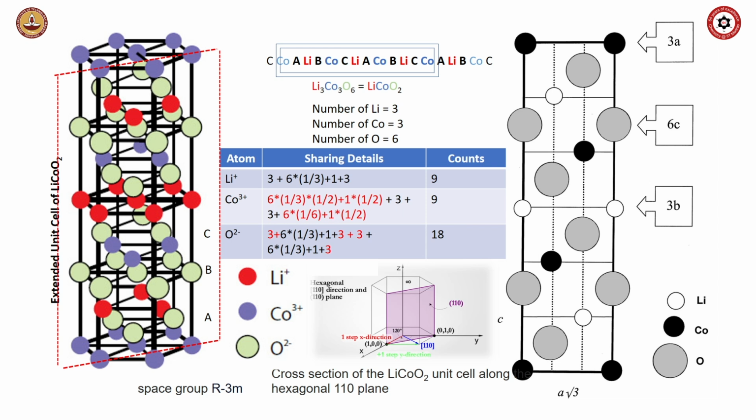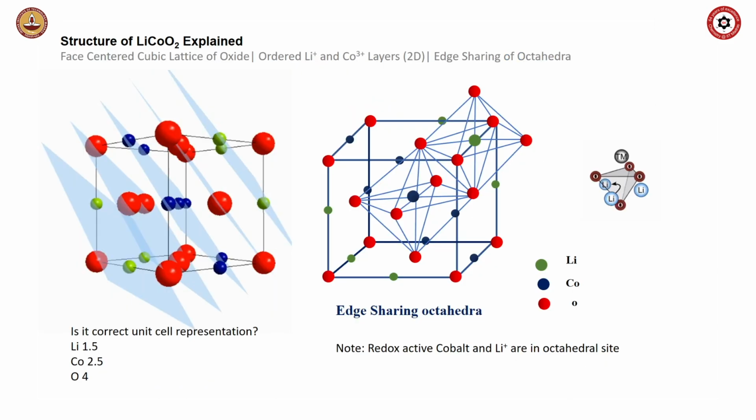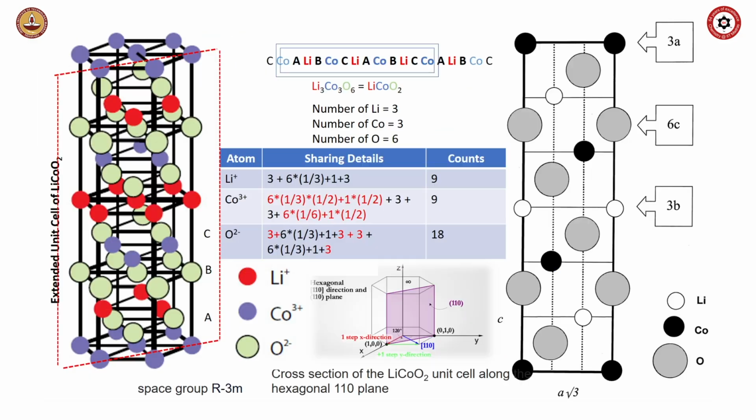Lithium is the red one, cobalt is the blue one. So the cobalt layer also, if you see carefully, is a triangular lattice. You can connect any 3 lithium, you get a triangle, right? It's a triangular lattice, so this is also a triangular lattice. So it will have this kind of shape. So I put cobalt between the A layer and, below that, the C layer, right?